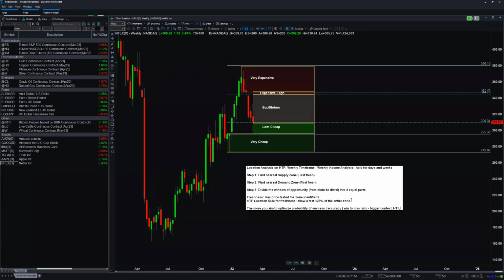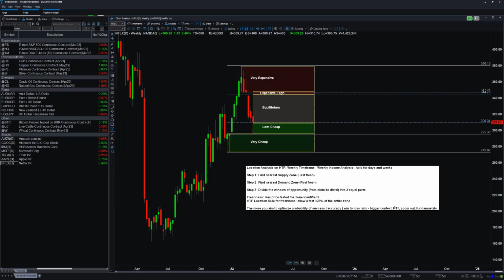Not isolating, looking at detail scientifically, really zoom out or bird's eye view, looking at the bigger context of things, fundamentals. And so bigger context, higher time frame, right?